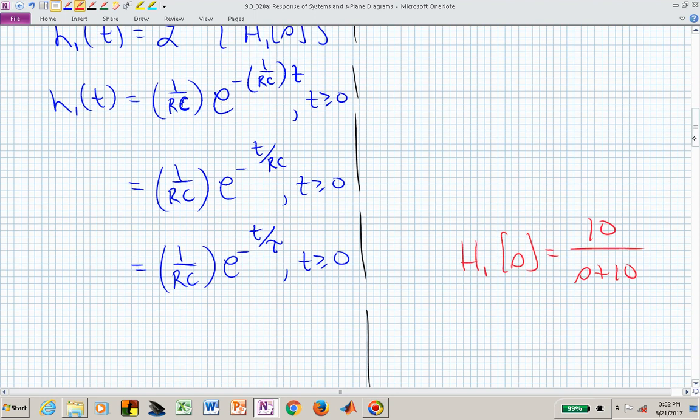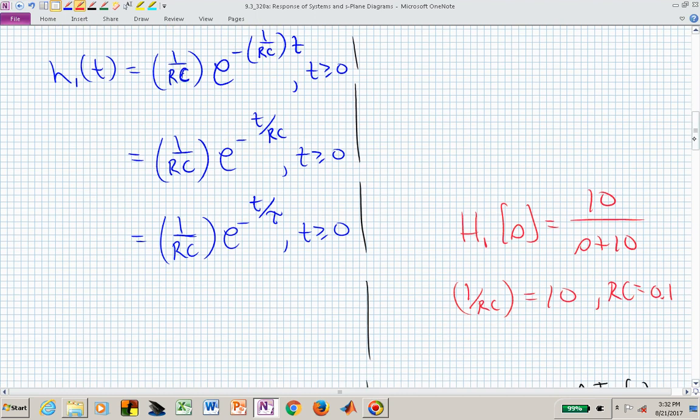Well, what have we just done? Now we've said that 1 over RC is equal to 10, or RC is equal to 1/10.